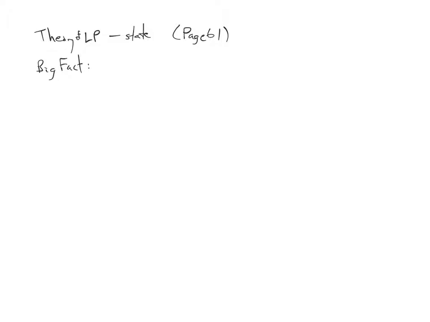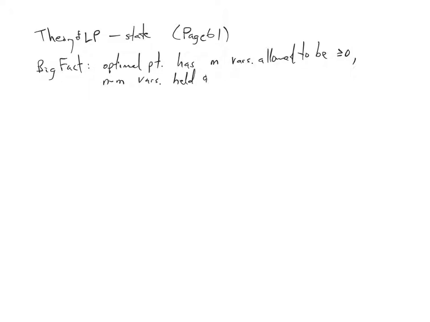So the big fact is that an optimal point has m variables that are allowed to be greater than or equal to 0, and n minus m variables that are forced to be held at 0. So out of the n variables in the x, m of them are allowed to be positive, and n minus m are forced to be 0.